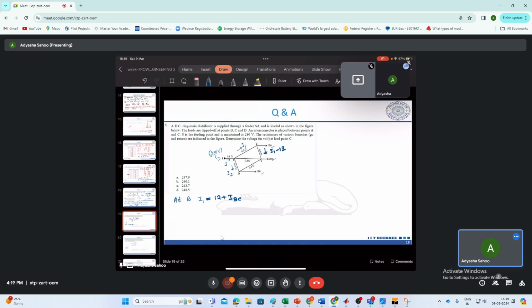Now at D, I2 equal to 18 plus IDC. So IDC will be I2 minus 18.